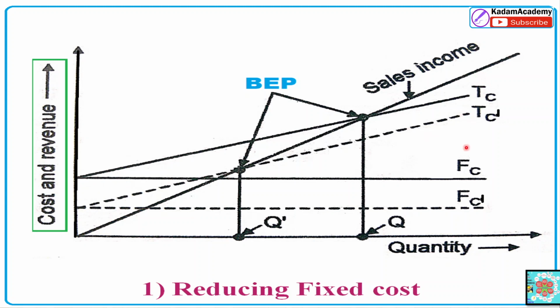You can see the profit is increased, and the distance between the TC and the sales income lines is more. So we maximize the profit by reducing the fixed cost.